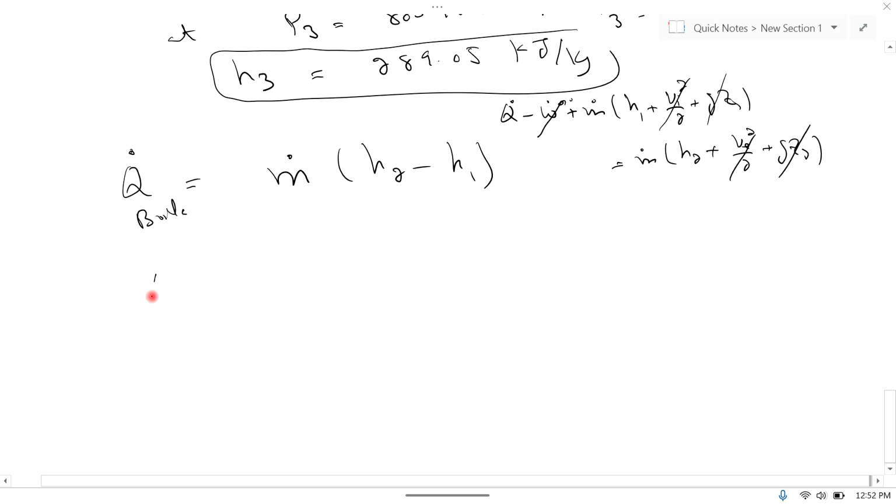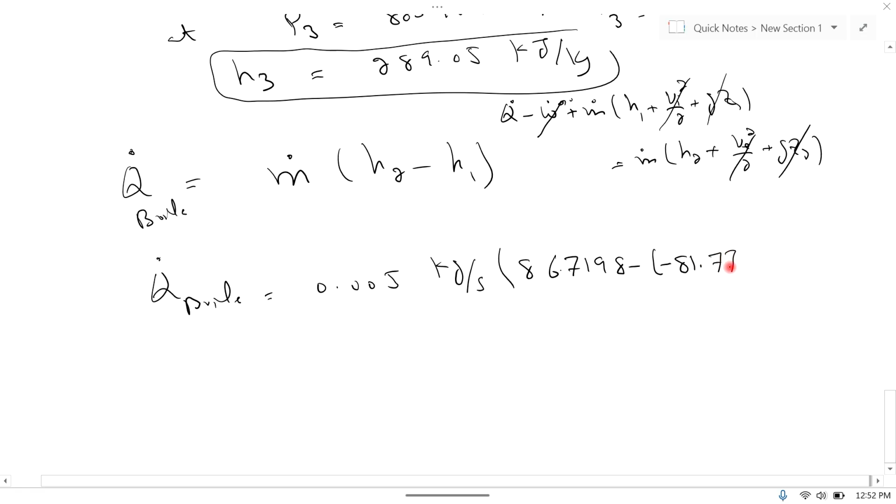So Q dot boiler, putting values, is equal to m dot is 0.005 kilogram per second, and H2 is equal to 86.7198 minus 81.77 kilojoule per kg.